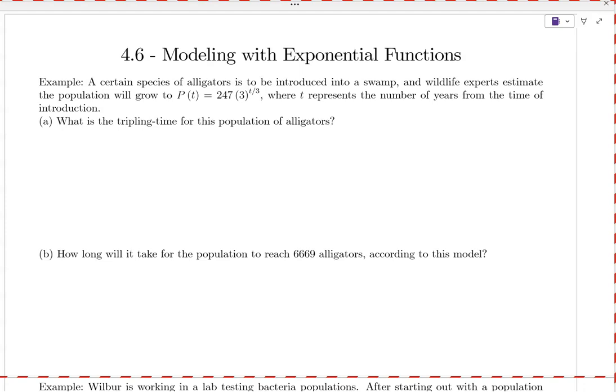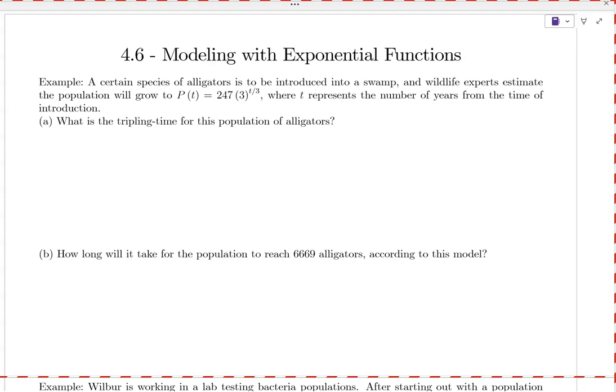You've got T representing the number of years. The population of the alligators after so many years is given by that 247 times 3 to the T over 3 power, where, again, T is how many years after the alligators were introduced.